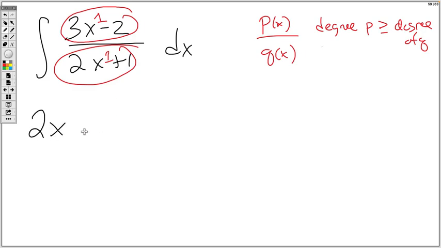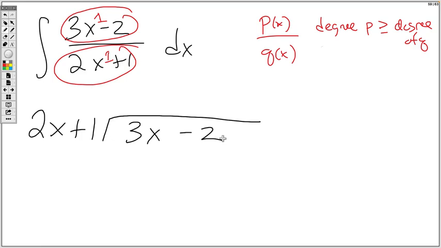So this problem is really 2x plus 1 divided into 3x minus 2. And so we're taking 2x into 3x. So I think over here, do some scratch work. 3x over 2x. That's going to go 3 halves times. So I'm going to put the 3 halves here.